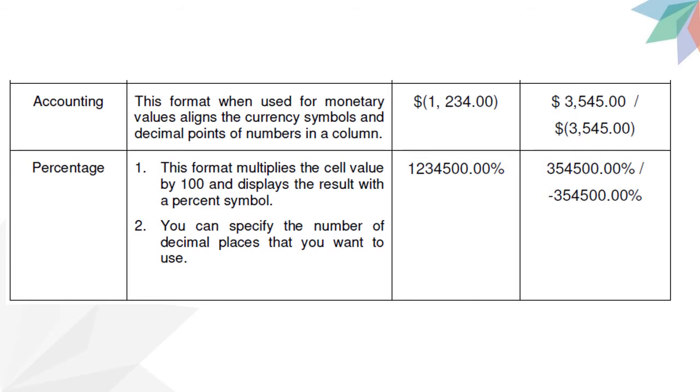This format multiplies the cell value by 100 and displays the result with a percent symbol. You can specify the number of decimal places that you want to use. The number will appear as per the format code.